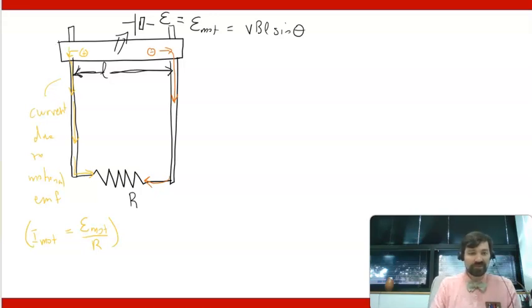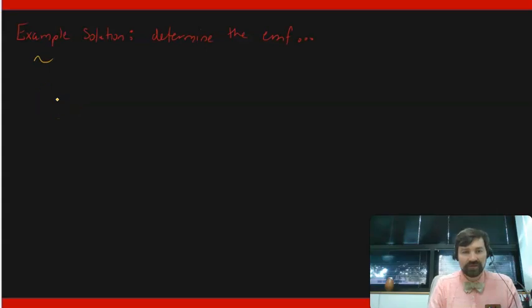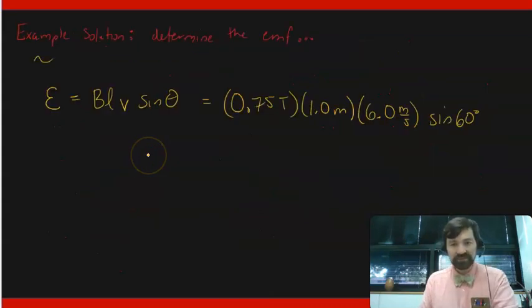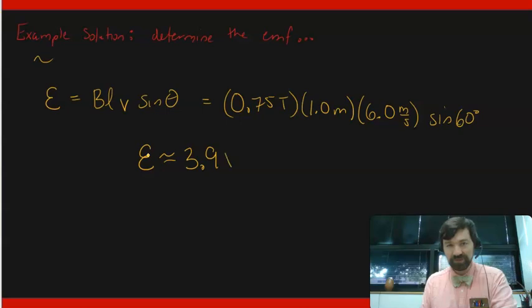So coming back to the problem we can solve, the EMF is equal to the magnetic field strength times the distance between the tracks times the speed times the sine of that angle theta. So we actually can just plug the numbers in from this problem: L, B, theta, and V. And what we get is that the EMF is about 3.897. So let's call that 3.9 volts. And that's it. That's our problem.